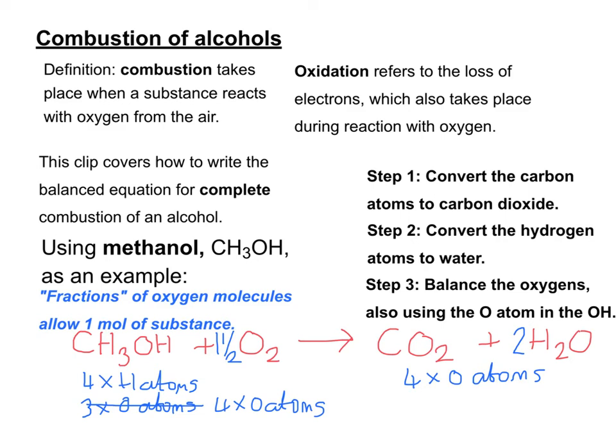So, for example, if you wanted to get rid of the 1.5, you could do 2 lots of methanol and 3 O2s, giving you 2 CO2s and 4 H2Os. But the problem with that would be that you'd be dealing with burning 2 moles of methanol and not 1 mole of methanol. So fractions of oxygen molecules are used to allow us to work with 1 mole of substance, which is an important consideration when we're looking at enthalpy of combustion.